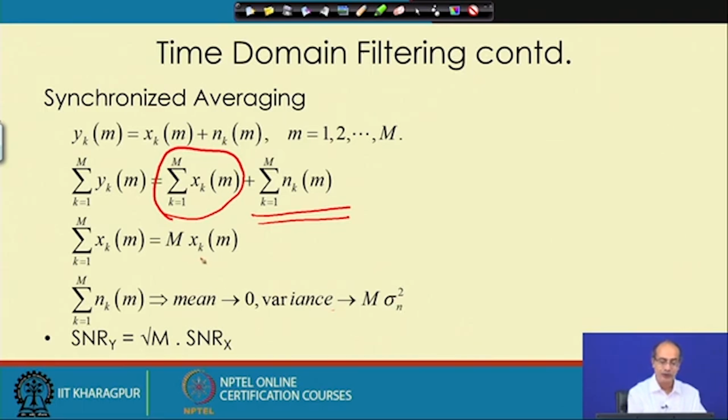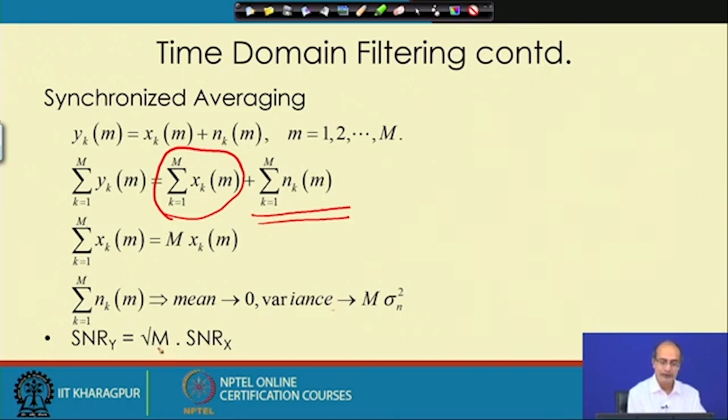But because our signal is scaled by m times, the variance or energy of the signal would go up by m square times. So, there is an improvement in the SNR, and here we get that for the observed signal y, after the summation, the SNR is improved by square root of m times.